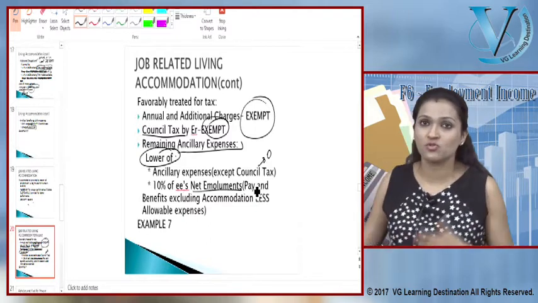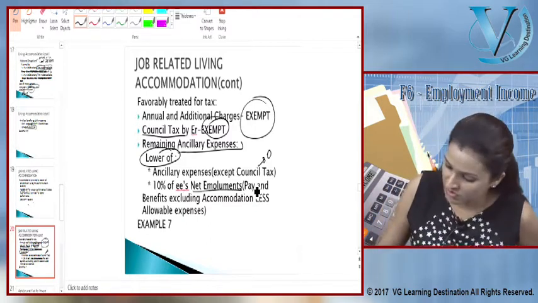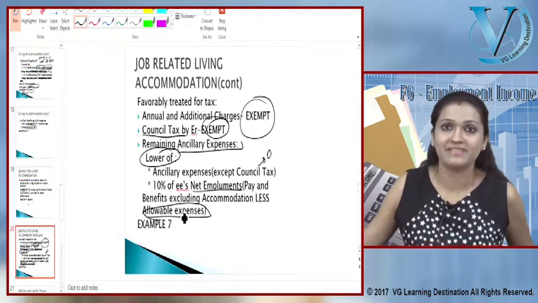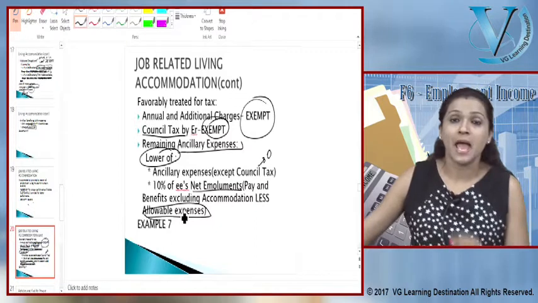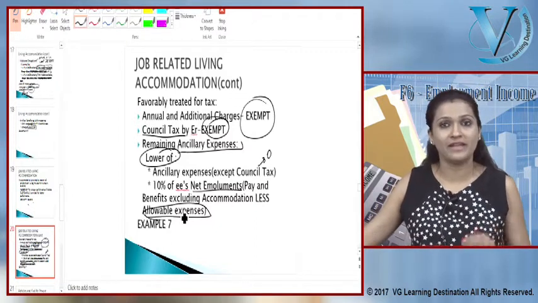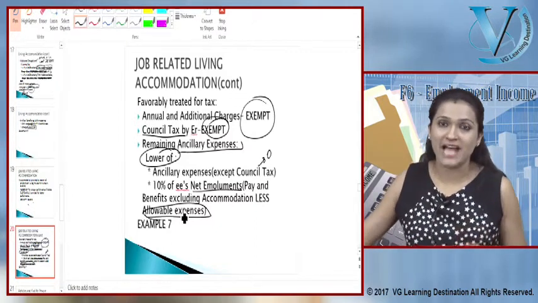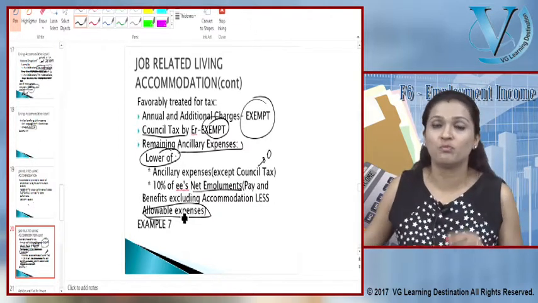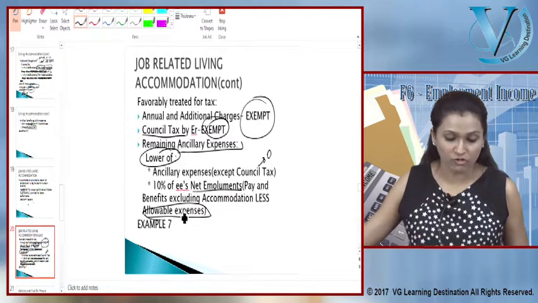Excluding the accommodation, obviously, what you reduce the allowable expenses in order to find out what is the taxable value of this benefit, which is a job related living accommodation which has been provided to you by the employer for you to be able to perform the duties of your job.